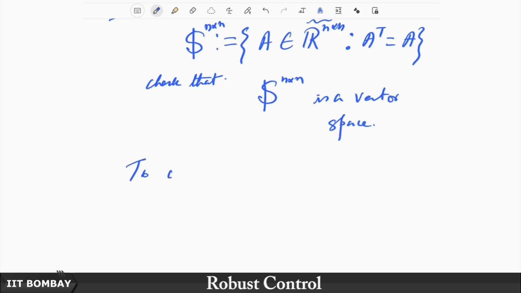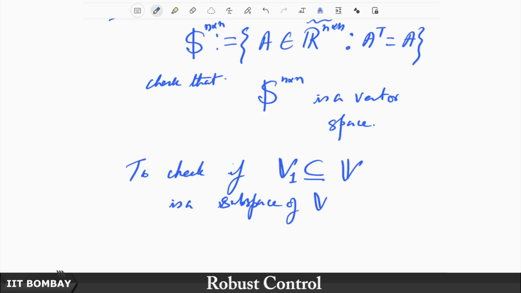So, to check if V1, which is a subset of V, is a subspace of V, do the following.